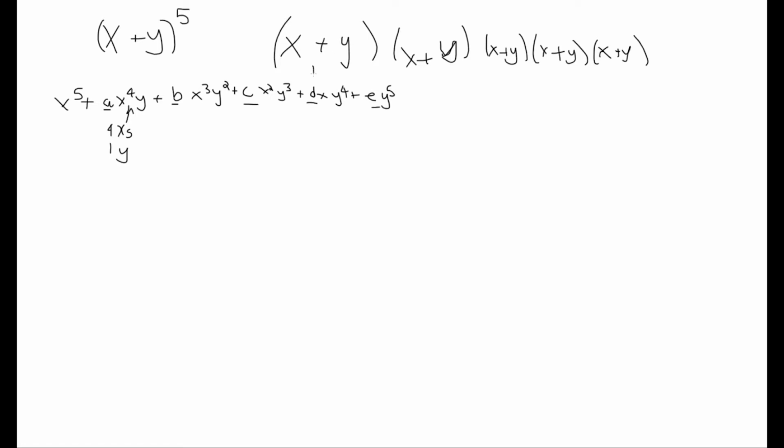So let's say we picked x here, then y, and then x, and then y, and then another y. That would result in x squared y cubed.